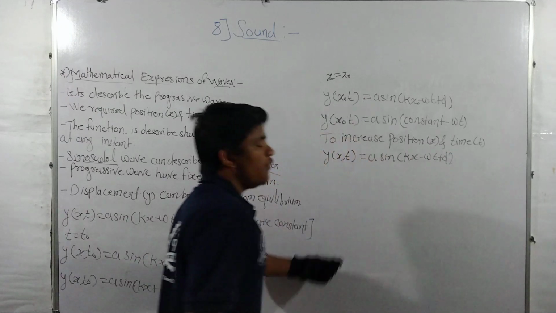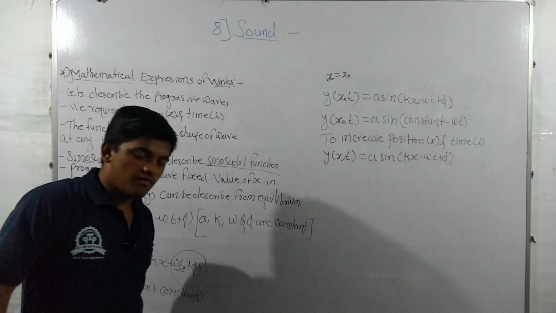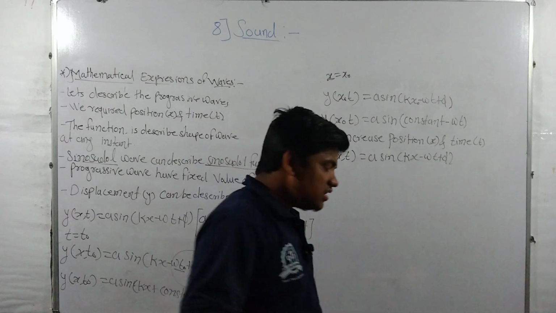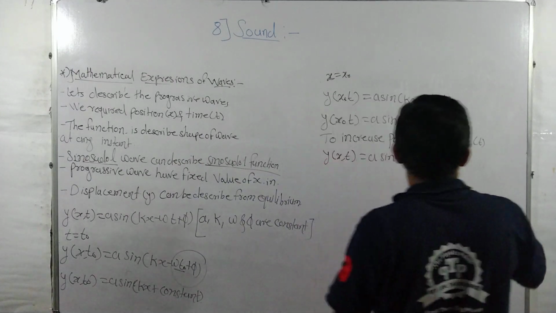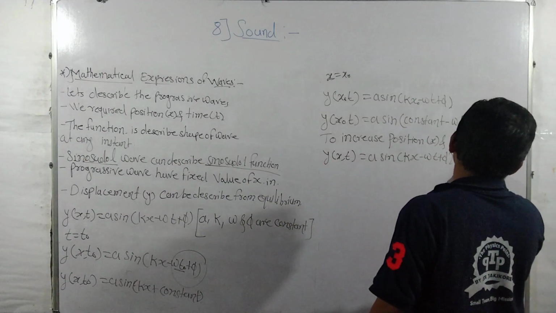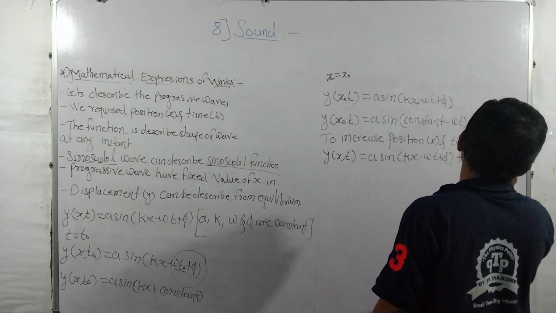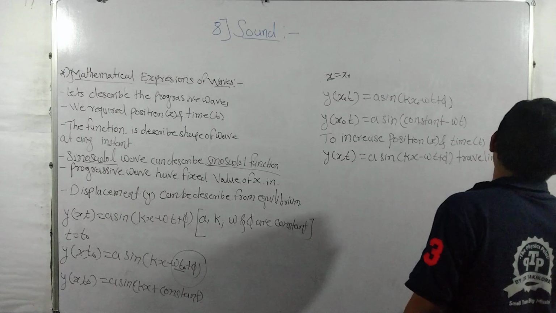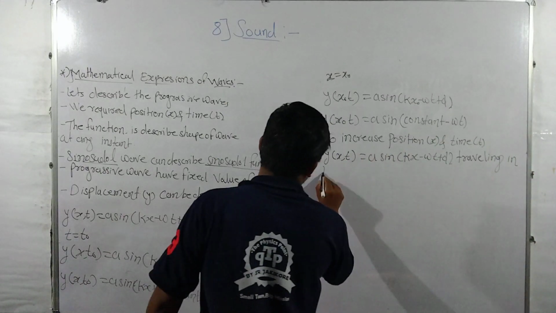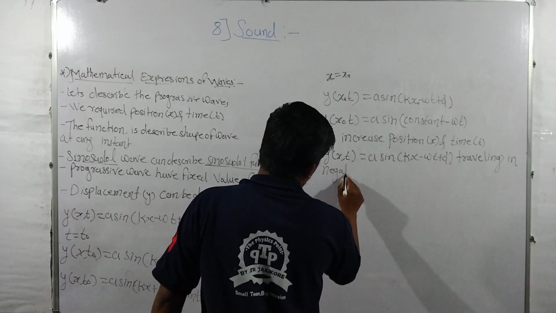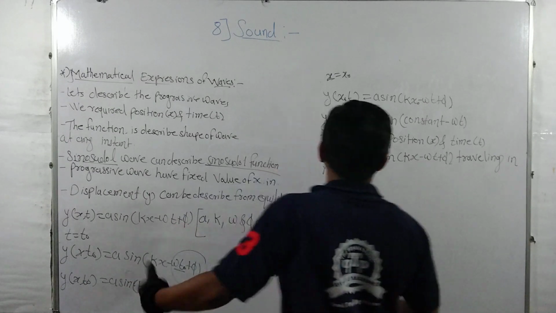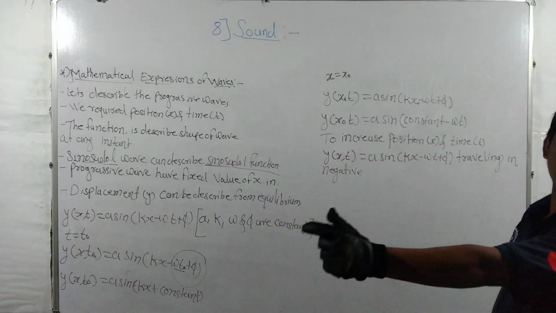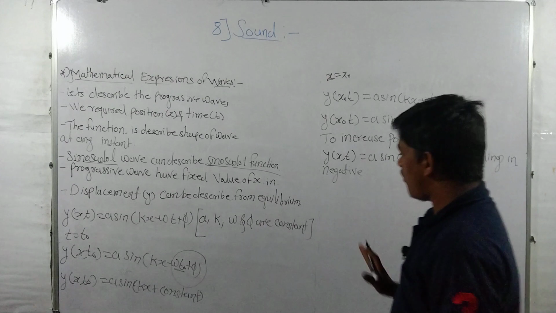It is the wave's equation. The wave is traveling in the negative x axis. The negative x axis is along the left hand side, the negative axis from the y axis.